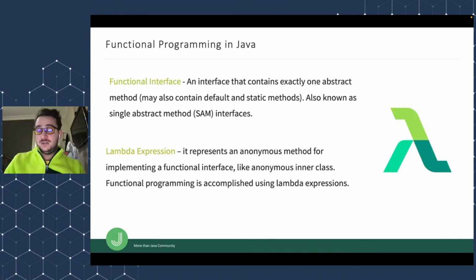We already know that with anonymous classes, but we can also do that with methods. So with the collaboration of functional interfaces and Lambda expressions, which have a pretty specific syntax that might be very new to some of you, it doesn't seem like Java at all, we are able to achieve functional programming.